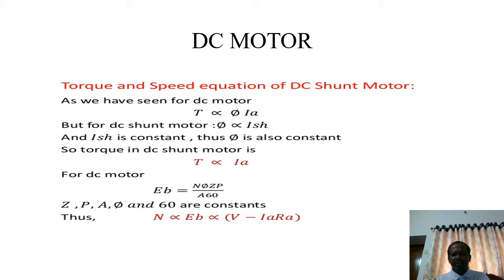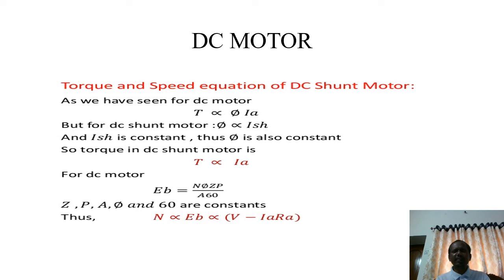Torque and speed equation of DC shunt motor. We already learned the torque equation in the previous class. We know that the torque equation of a DC motor is T equal to 0.159 phi Z Ia into P by A. The remaining terms are constant.